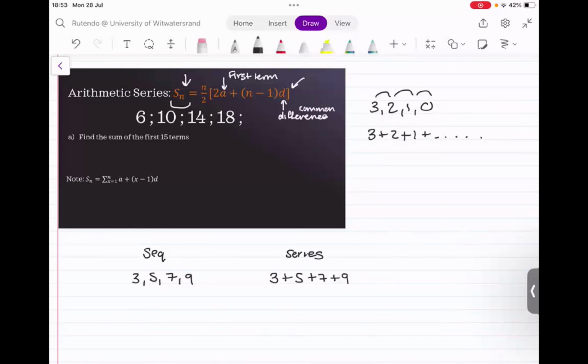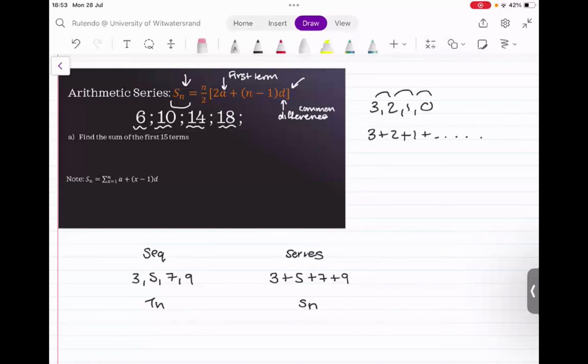That's the only difference, and they come with different formulas. Sequences usually have T_n in your formula sheet, and series usually have S_n. That's how you can tell them apart. Okay, and so again, we can work here with our series that we've been given.